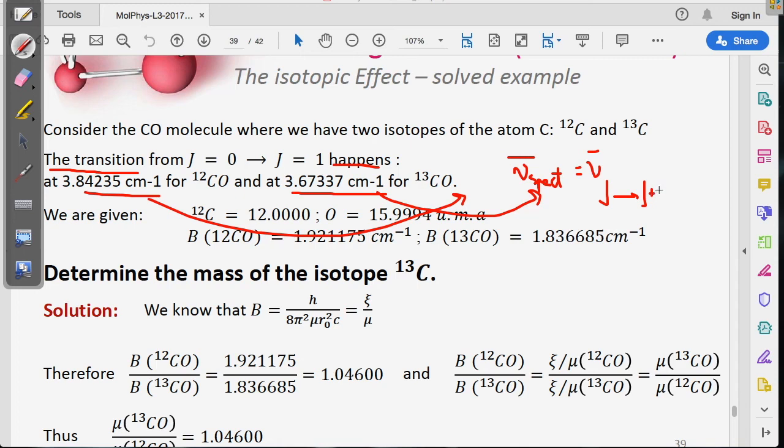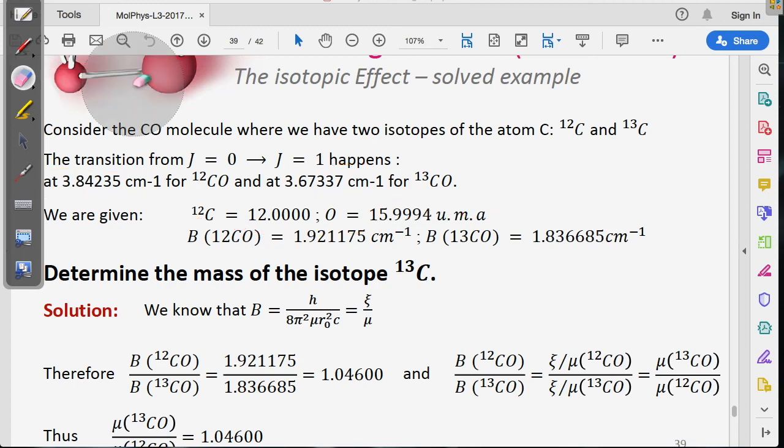So this is something interesting to note: when you talk about a transition and we give you centimeter minus 1, that's the nu bar on the spectrum, which corresponds to the difference of the nu bars due to the transition. Okay, let me remove this because it's going to be ugly.